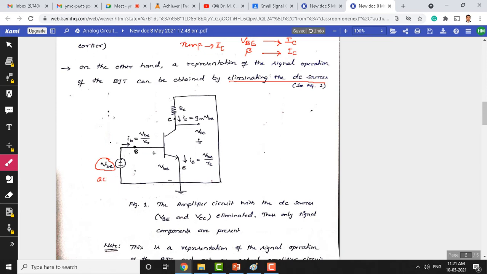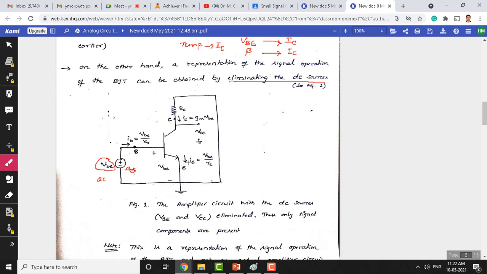Though we have shown it with signs here, this is a sinusoidal signal or message signal that needs amplification. We know that under the AC condition there is a resistance experienced between the base and emitter, and the AC base current depends on that resistance. r pi is the resistance between the base and emitter looking into the base, and the current flowing here depends on this voltage and the resistance of the transistor between the base and emitter.